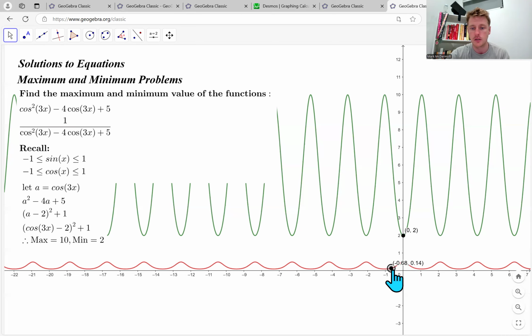And similarly, down here, we can see the minimum is 0.1, okay? 1 over 10 is 0.1. So 1 over the maximum is going to give us a minimum on this reciprocal graph. And 1 over the minimum will give us the maximum on the reciprocal graph. So hopefully that's making some sense.